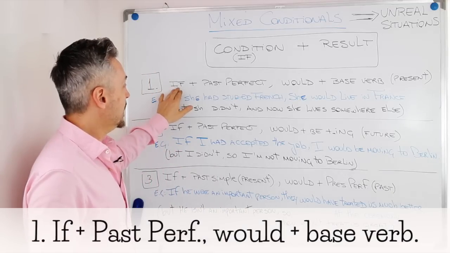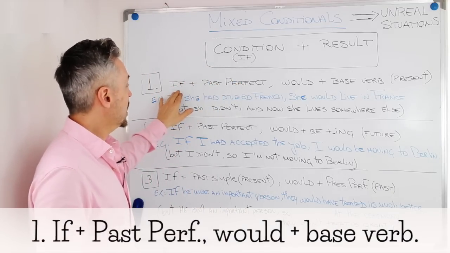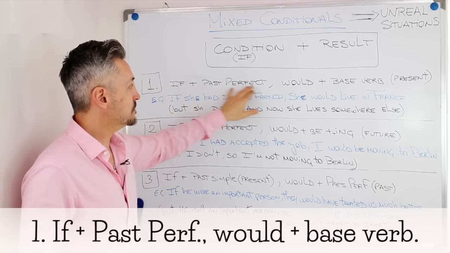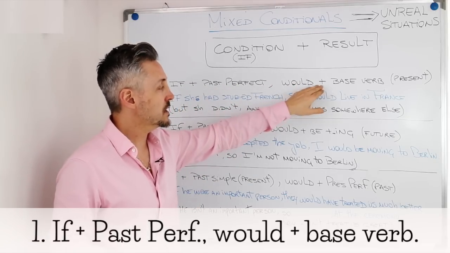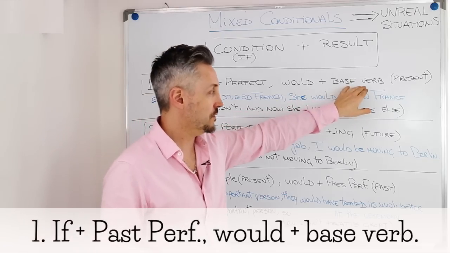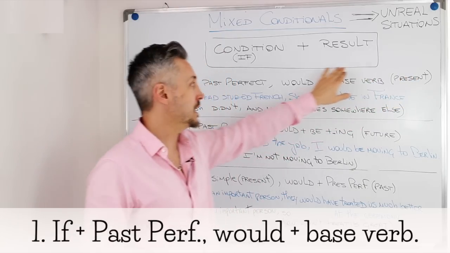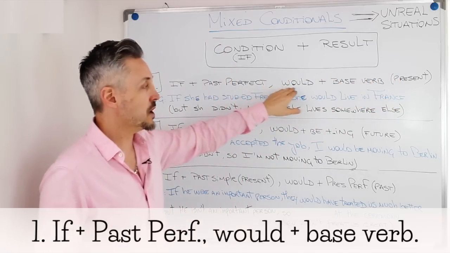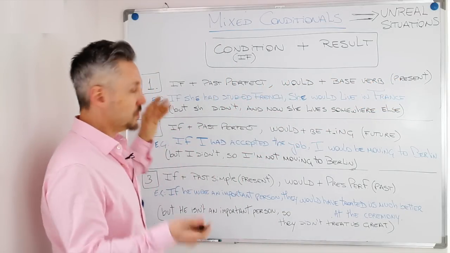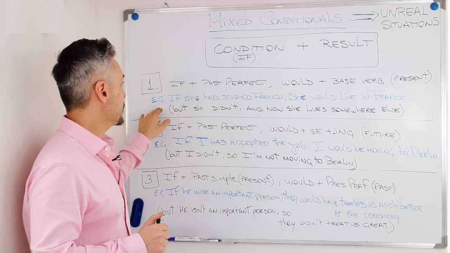We need if, the condition clause, plus past perfect. Then we have would in the result plus the base of the verb. So this would be a present sentence or part of the sentence. So let's look at the example I wrote.